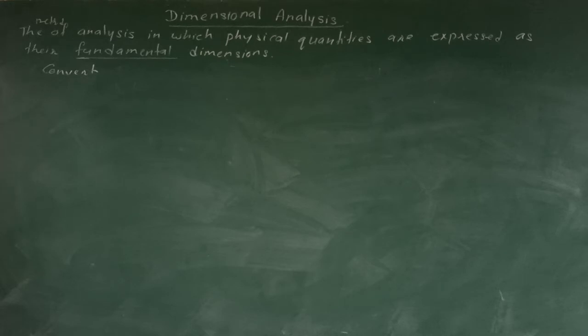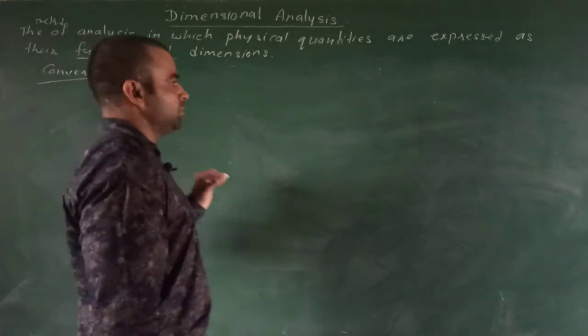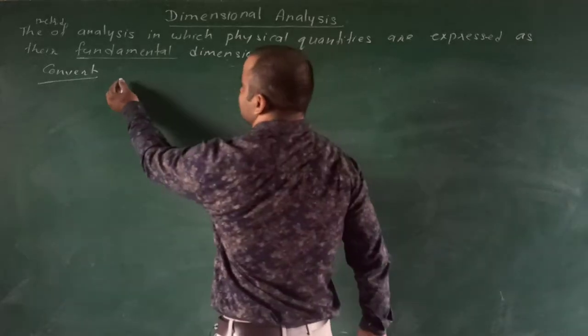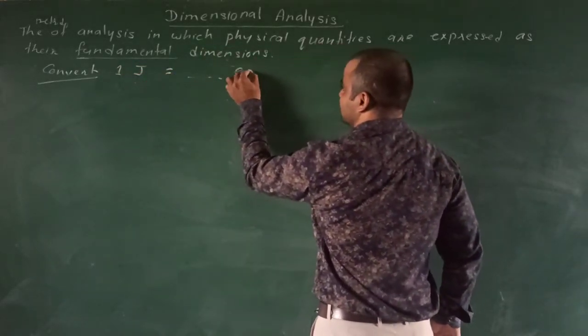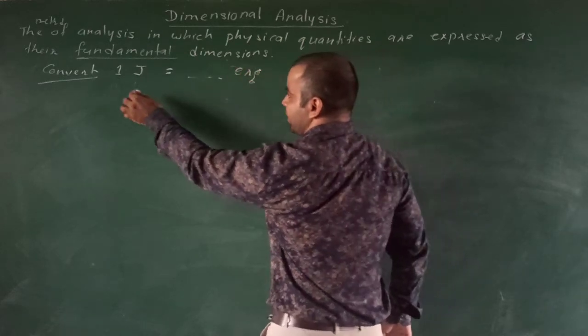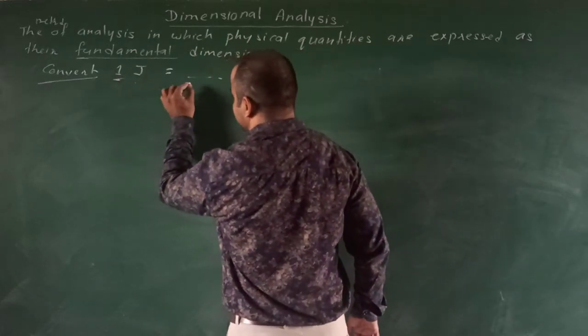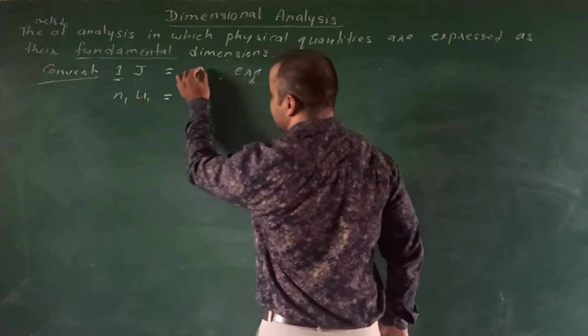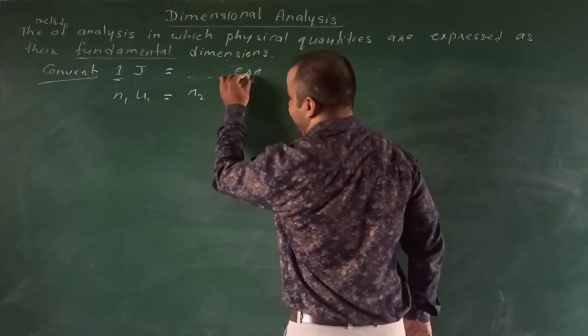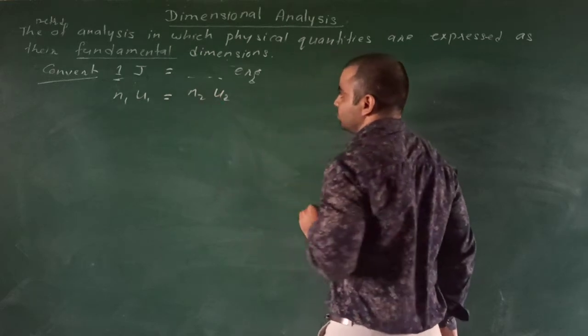Now convert 1 joule into erg. 1 joule equals how many erg? Again, this is the N1, this is U1. Here will be N2 and this is U2.